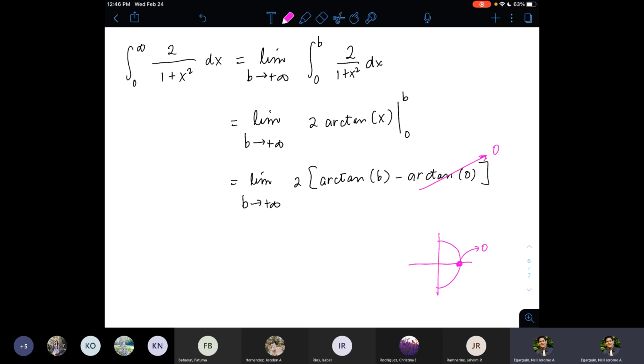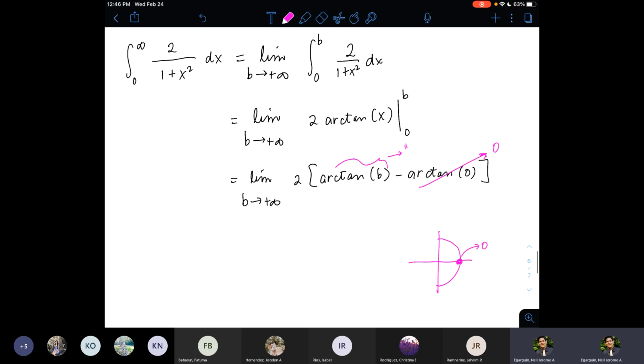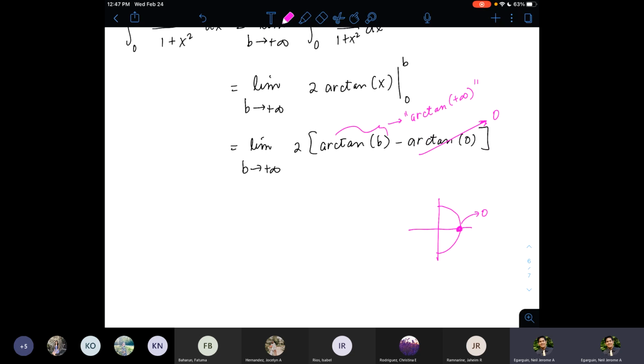Okay. And then for the minuend, we have arctan of b. But we know that we want b to approach infinity. So you can imagine this to be arctan of positive infinity, right? But what is arctan of positive infinity? It's asking us what is the angle whose tangent becomes very, very large.